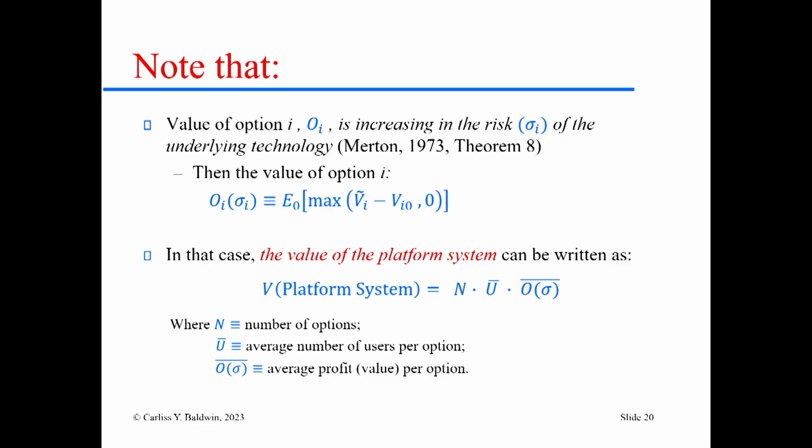And the value of the platform system, which gets divided up between the platform provider and the complementors, can be written as the number of options. The number of options is the number of complementors, times the average number of users per option. And with apologies to Myron, who doesn't like averages, you can conceive of the average option value. It's hard to do, but you could maybe calculate it.